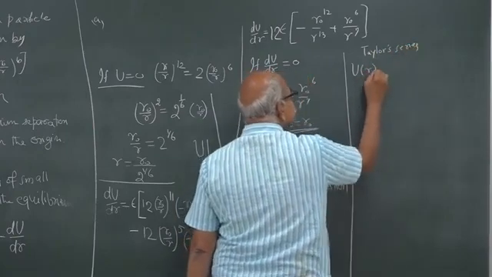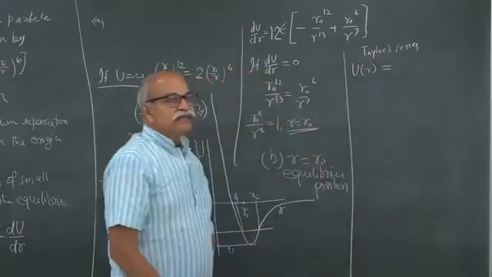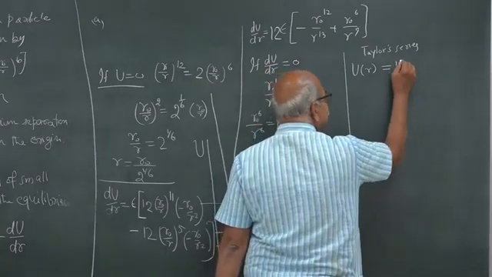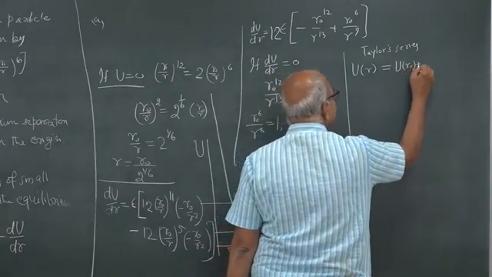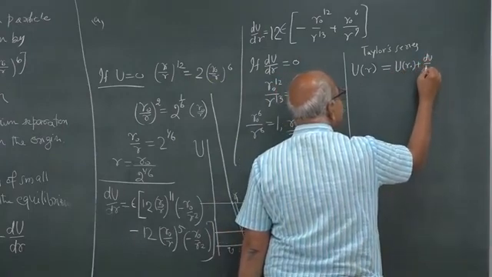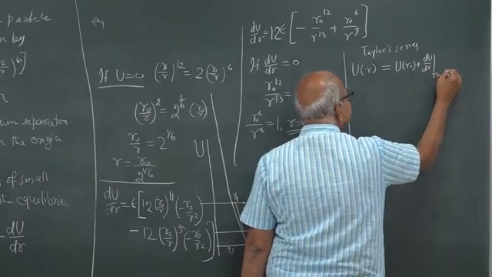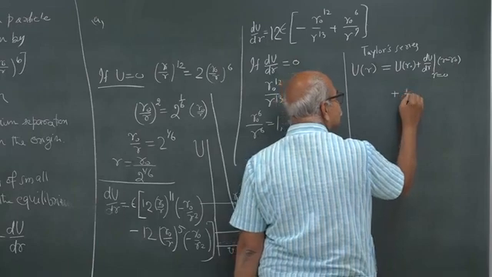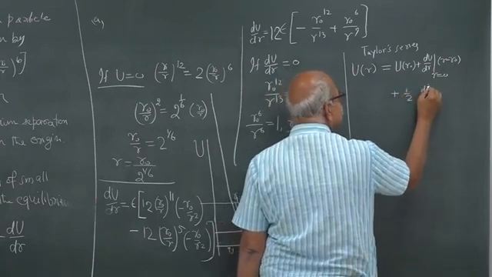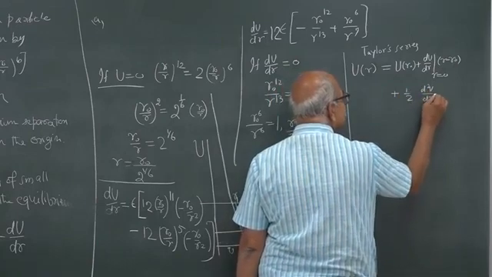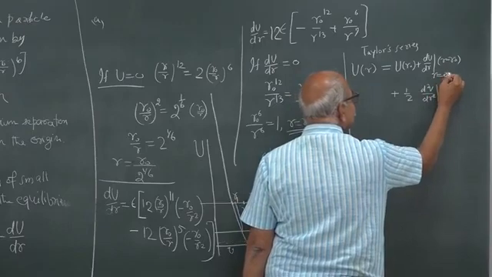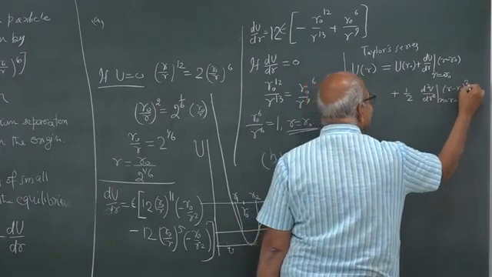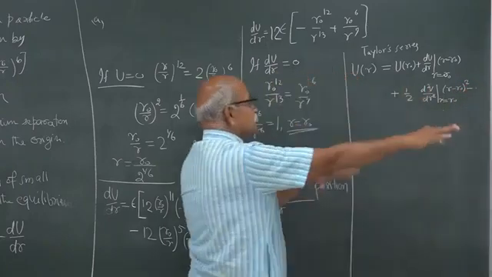It says that if you have to get u as a function of r and you have a point r naught which is very close to it, you can write it as u at r naught plus du dr at r equal to r naught multiplied by r minus r naught, plus half of the second derivative d2u dr square evaluated at r equal to r naught and multiplied by r minus r naught square, and similarly higher order terms coming in there.